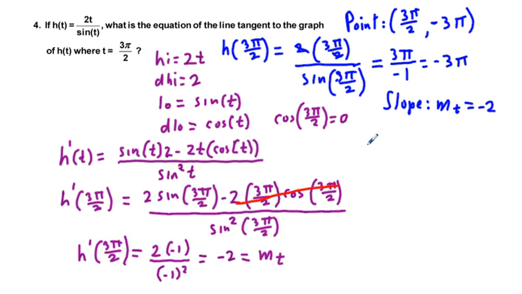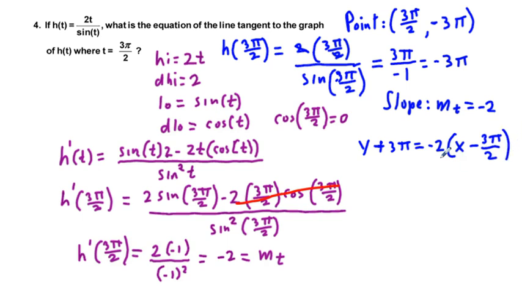So our equation of our line is going to be y minus negative 3 pi, so we're going to say y plus 3 pi equals negative 2, which is our slope, times x minus our x coordinate, which is x minus 3 pi over 2.